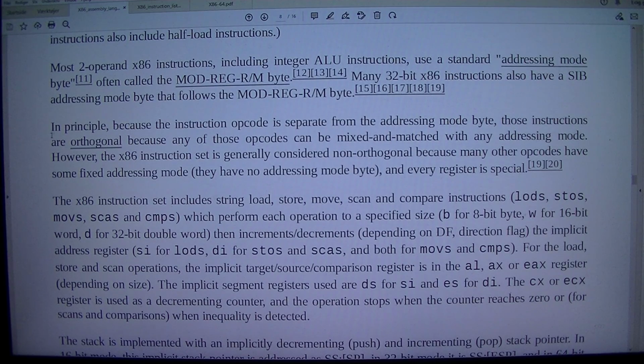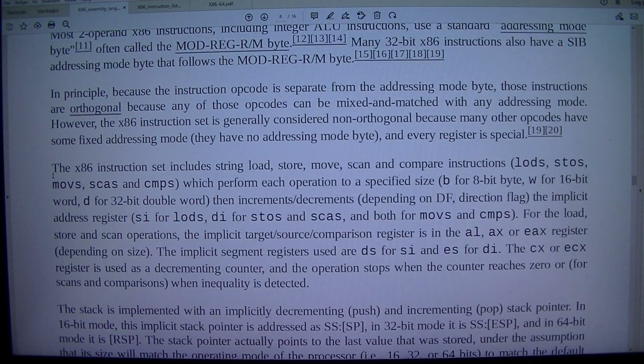In principle, because the instruction opcode is separate from the addressing mode byte, those instructions are orthogonal because any of those opcodes can be mixed and matched with any addressing mode. However, the x86 instruction set is generally considered non-orthogonal because many other opcodes have some fixed addressing mode. They have no addressing mode byte, and every register is special.